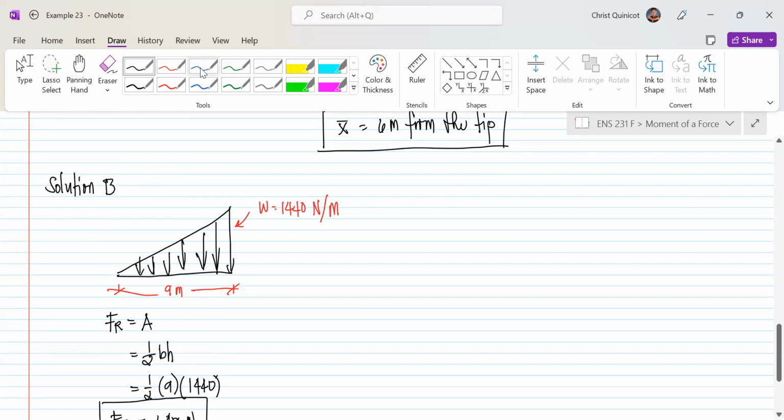Say this is our resultant force F sub r. It is measured 2/3 from the tip and 1/3 from the back.